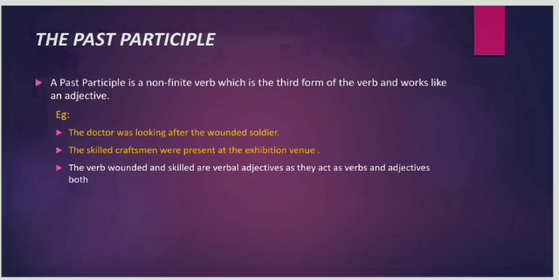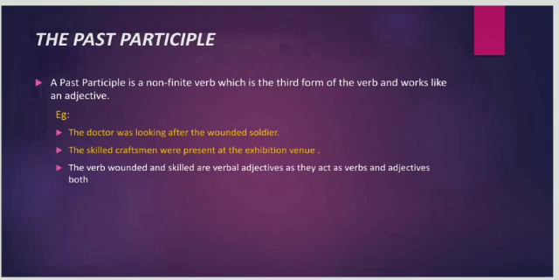Now past participle. A past participle is a non-finite verb which is the third form of the verb, and obviously it is also used like a verb or an adjective. For example, the doctor is looking after the wounded soldier.